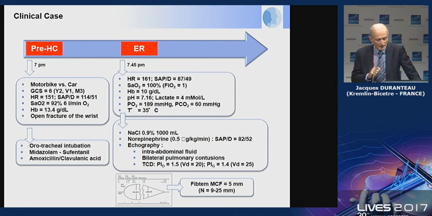And initially, only on the first hemodynamic evaluation, for me, my first option is to go as quick as possible to the hospital and not waste time waiting for red blood cells.